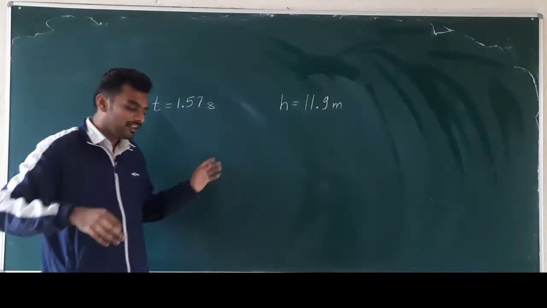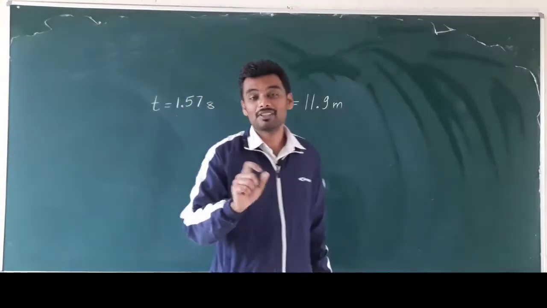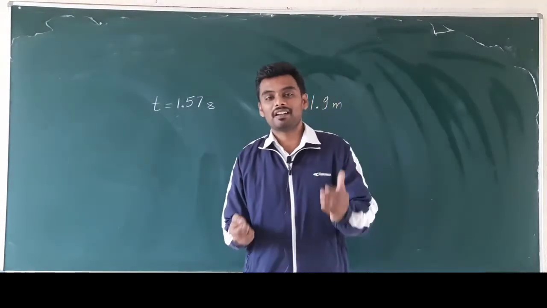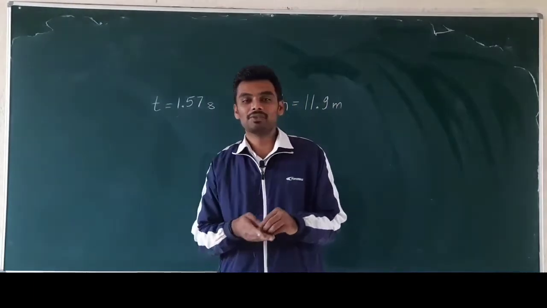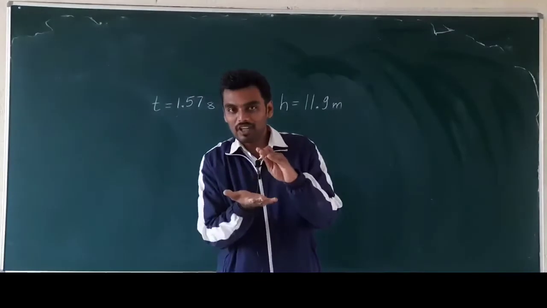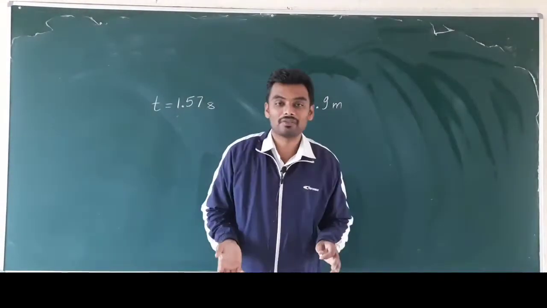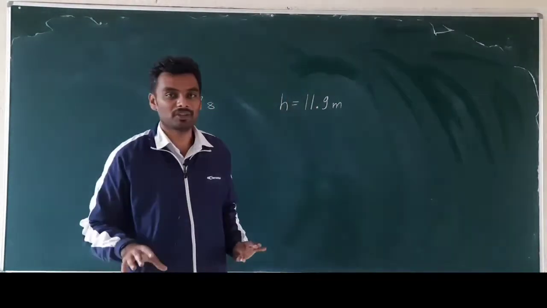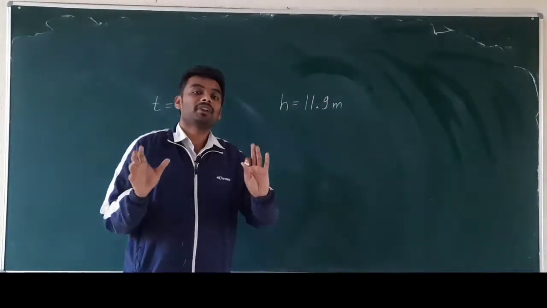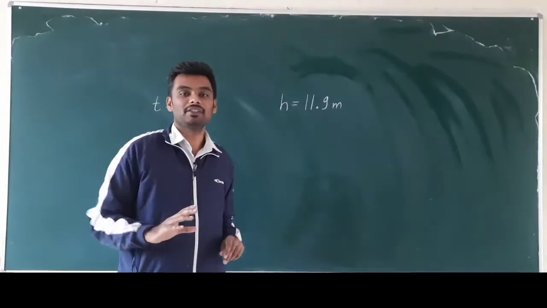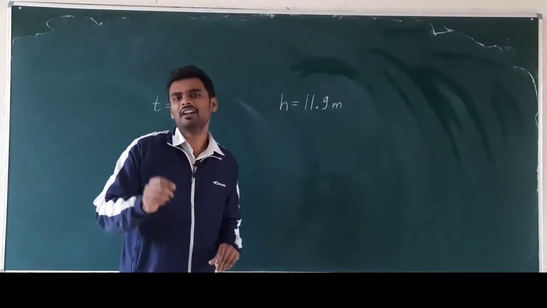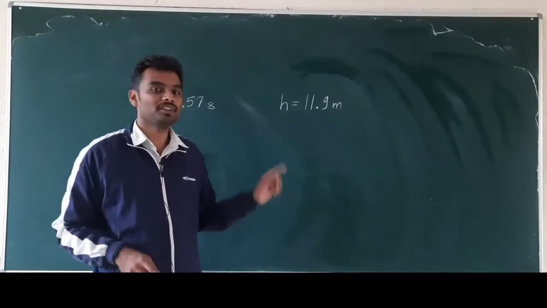Again, there will be an error in this, which is not a huge error, but the error that we see here is due to the force by the air on the object falling. That resistance is actually called viscous force, and we will discuss it in detail. But this method is valid for the approximate value, not for the perfect value. Again, an approximate value can be obtained using this method.